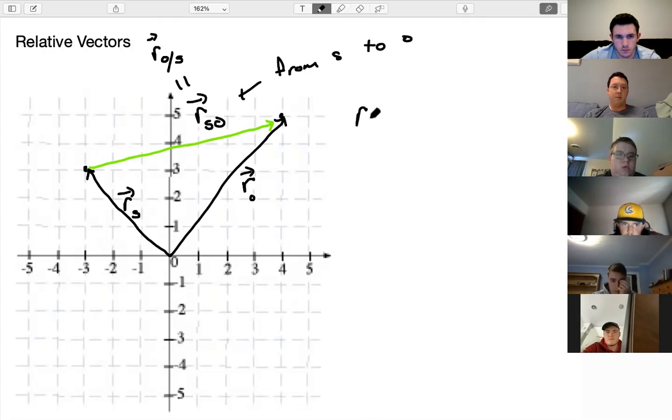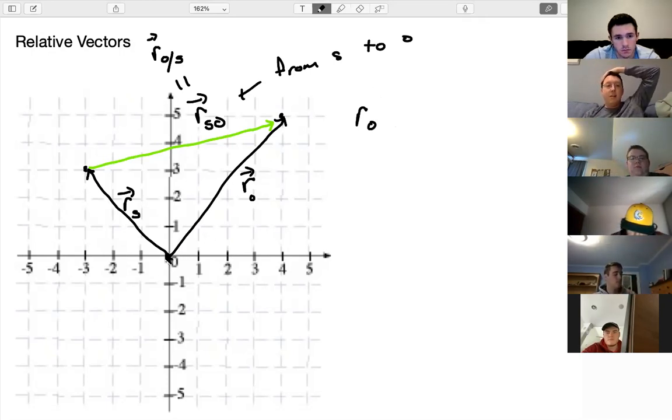RO minus RS equals that, you know. Sapon, you're not supposed to jump to the answer. You're exactly right. I want to write it with addition since I introduced addition above. So tip to tail: RS plus RSO equals RO.